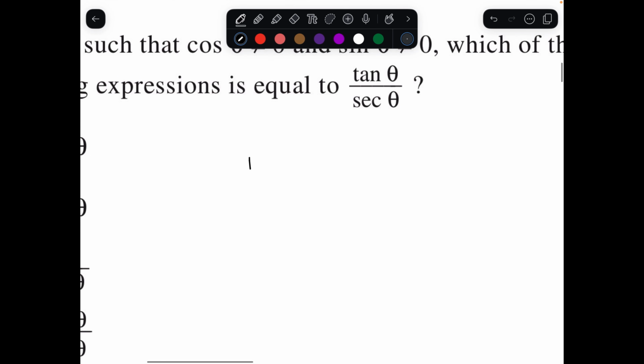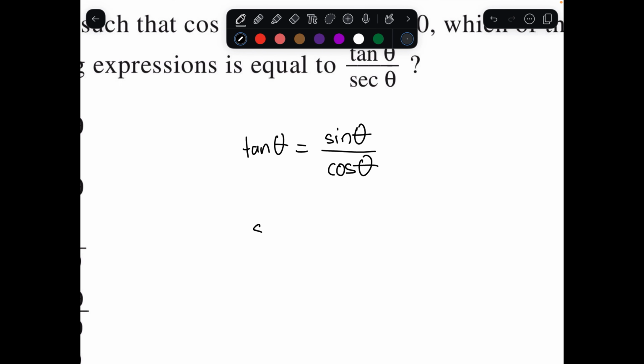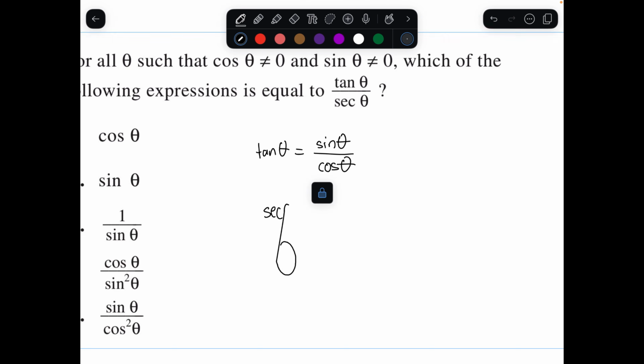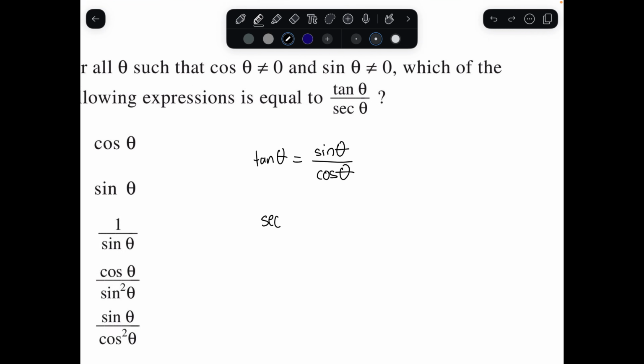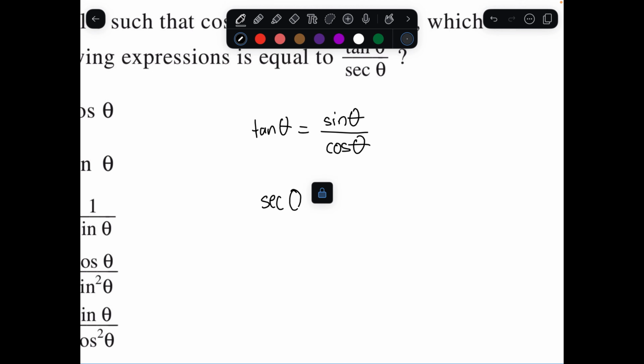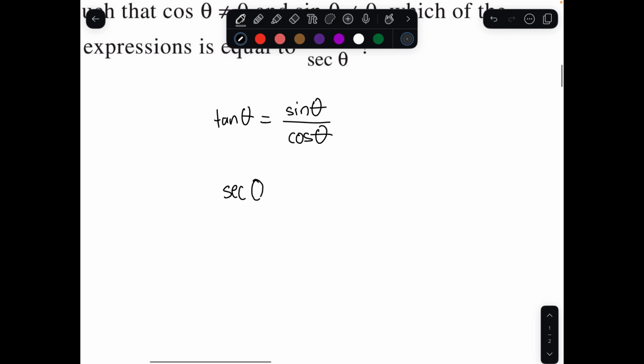Remember, tan theta is the same thing as sine theta over cos theta, right? And secant theta is the same thing as 1 over cos theta, right?